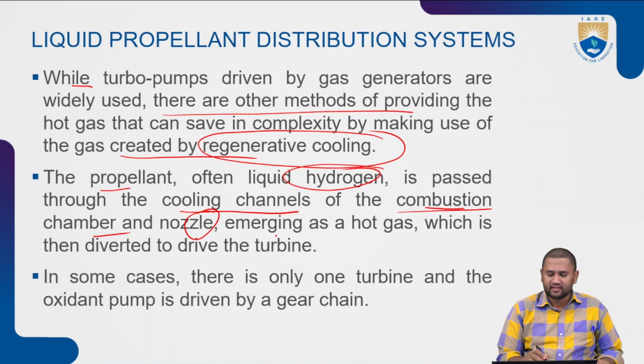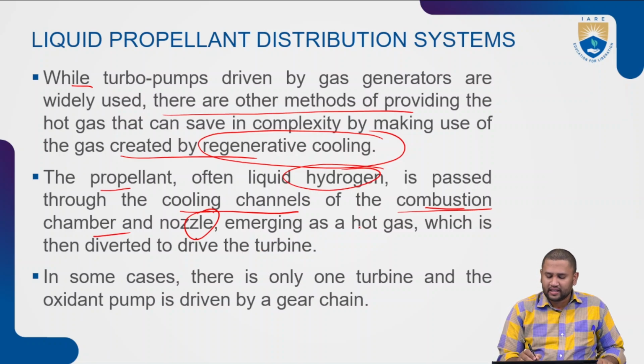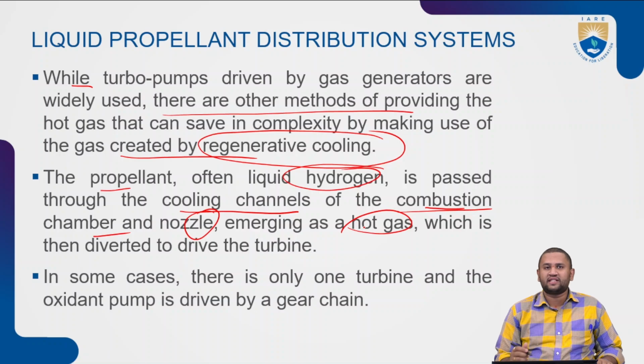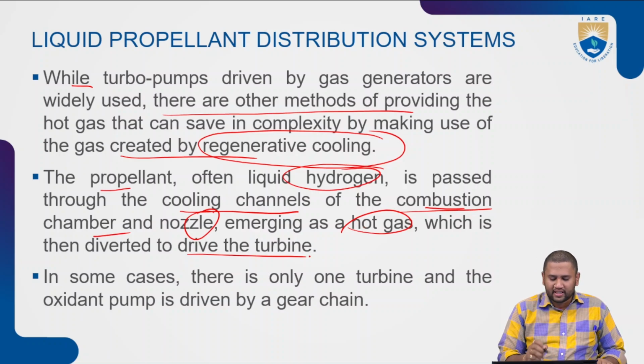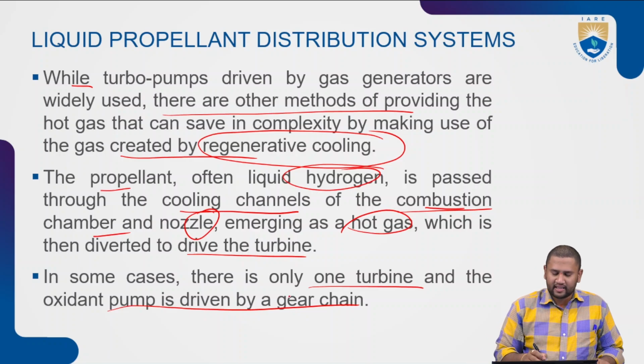As it passes through and absorbs the heat, it turns itself into a hot gas, which is diverted to drive the turbine. In some cases, only one turbine is used, and the oxygen pump is driven by a gear chain that is placed.